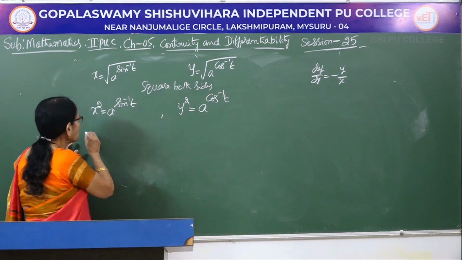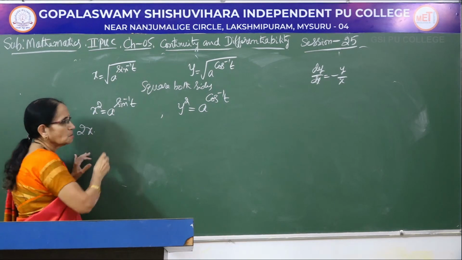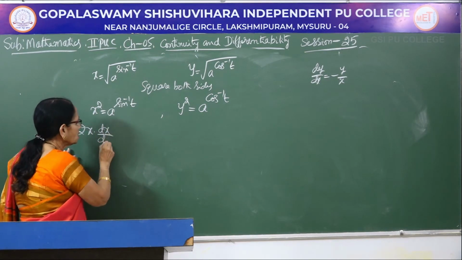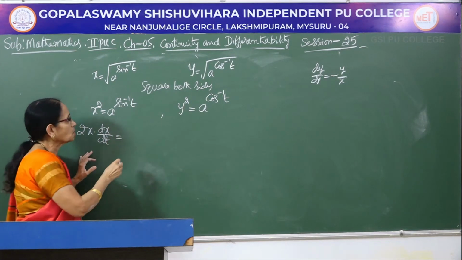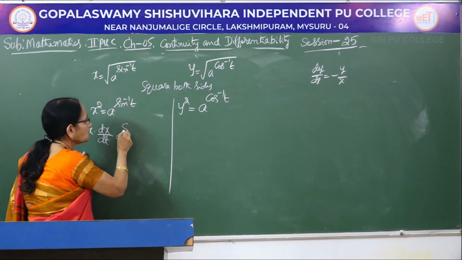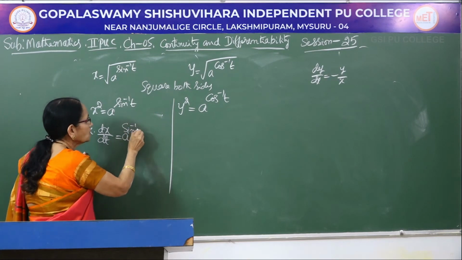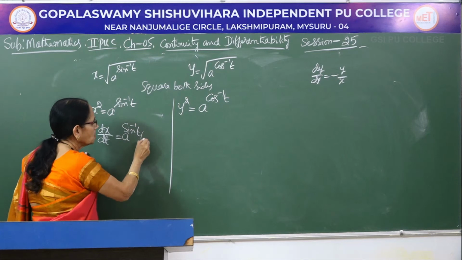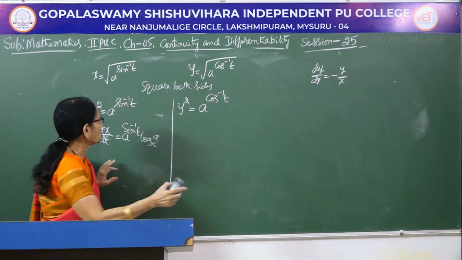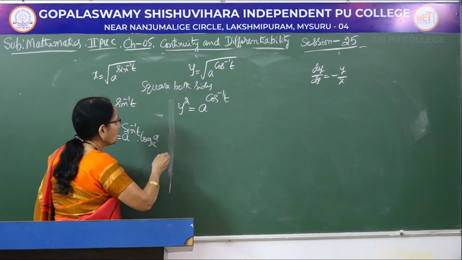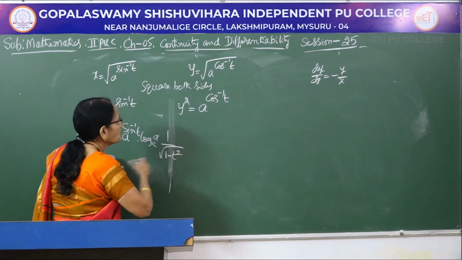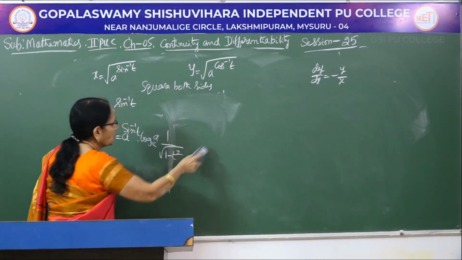Now, if you differentiate here, x square becomes 2x into dx by dt. This would be equal to, it is a to the power x formula, a to the power sin inverse t into log a to base e into sin inverse t has to be differentiated. It is 1 over root of 1 minus t square.